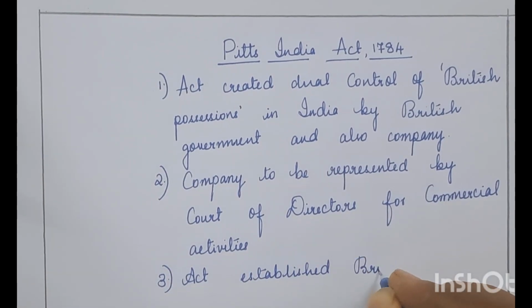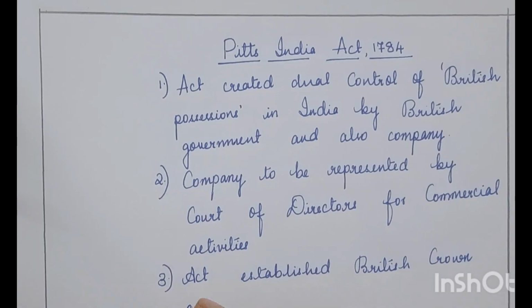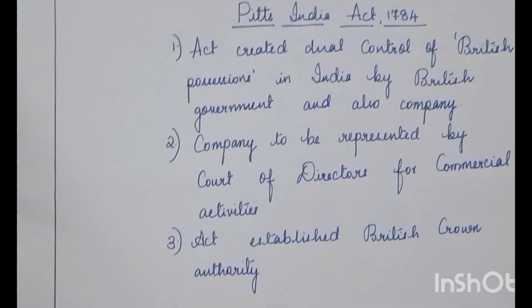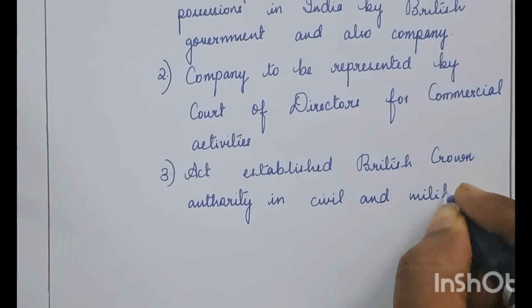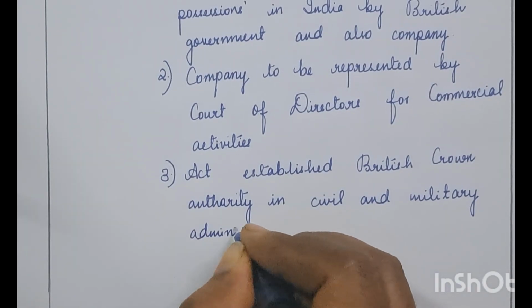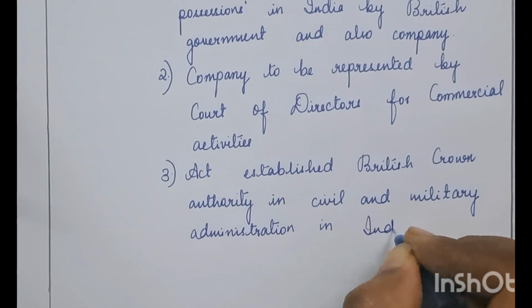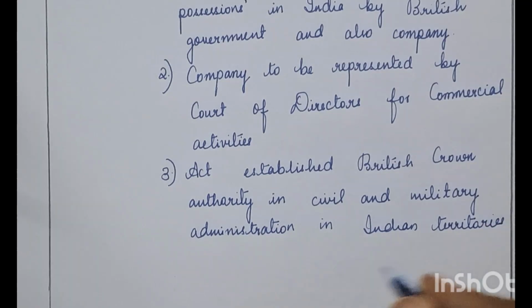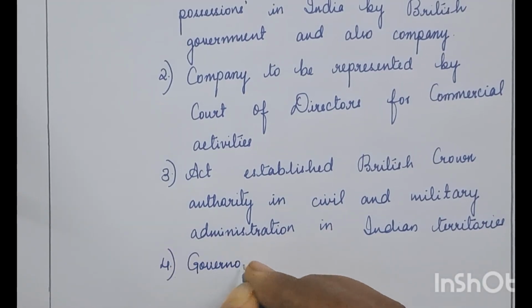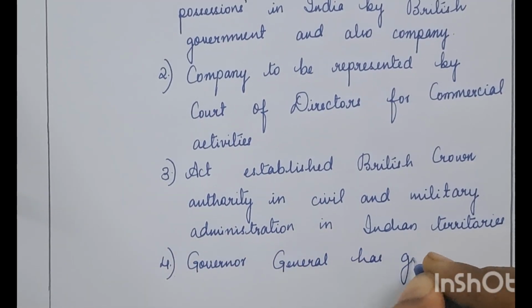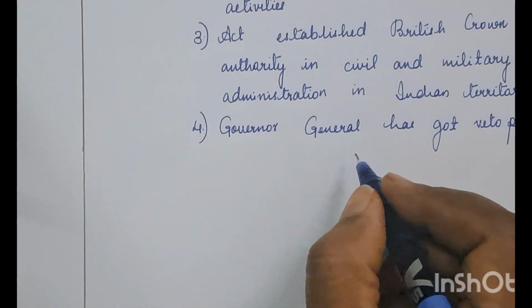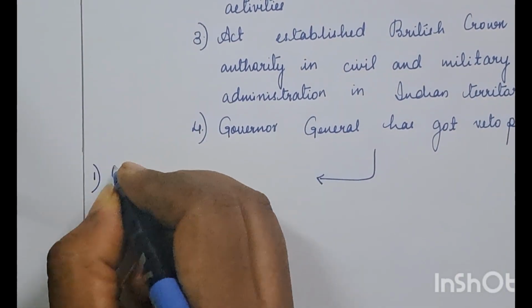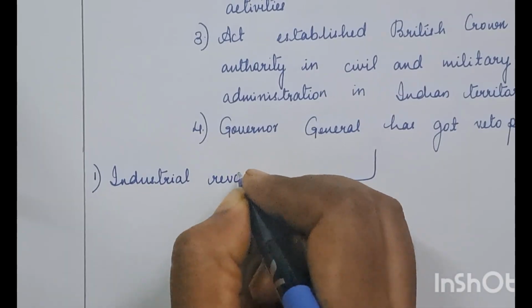The Act established British Crown authority in civil and military administration in Indian territories. Therefore, this act was significant because the word British possessions in India was used, and the British government has got the supreme control over the company's affairs and its administration in India. So slowly the company is getting into the hands of British government, also India.